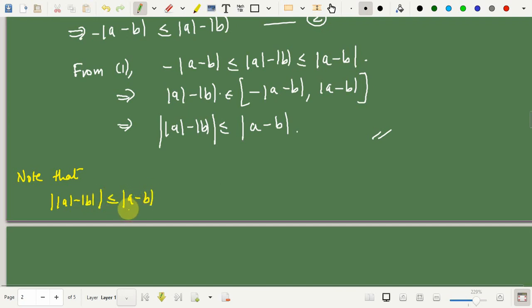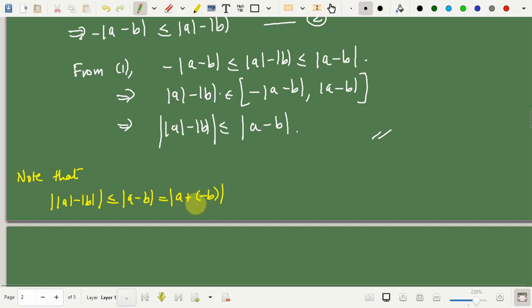Can I apply the triangle inequality to this? Why not? This can be written as A plus of minus B, if you believe that it can be applicable only for plus. In that case, I can consider this as my A and this as my B in the triangle inequality.